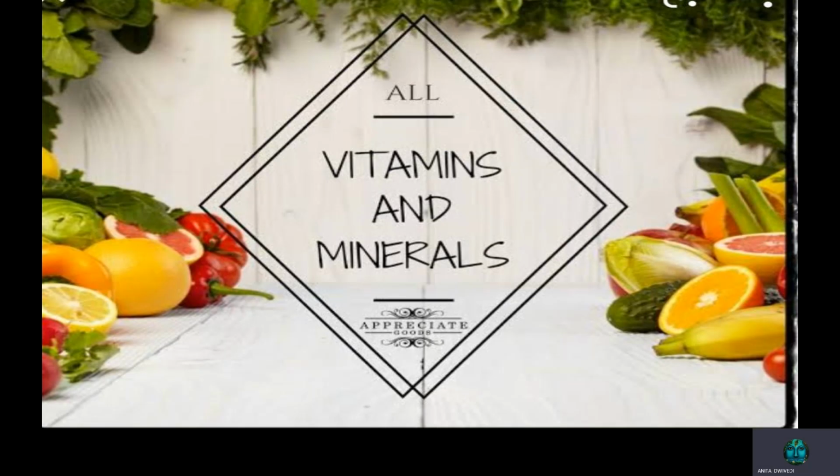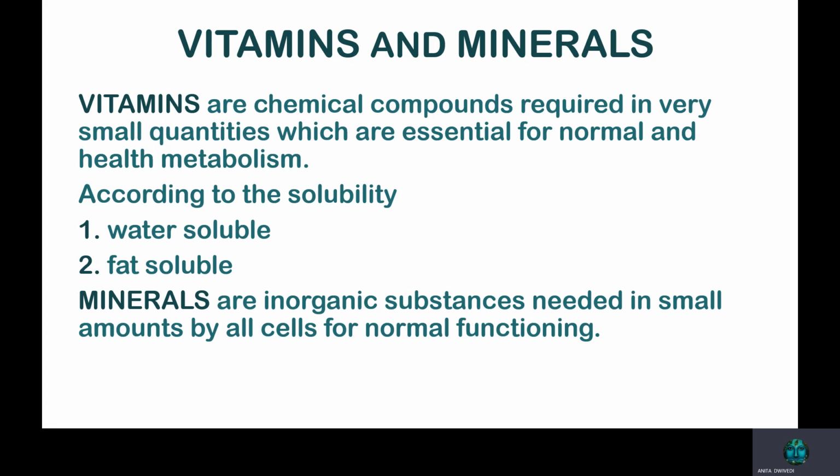Vitamins and minerals. Vitamins help in protecting our body against disease and also help to maintain our health. Vitamins are chemical compounds required in very small quantities which are essential for normal and healthy metabolism.